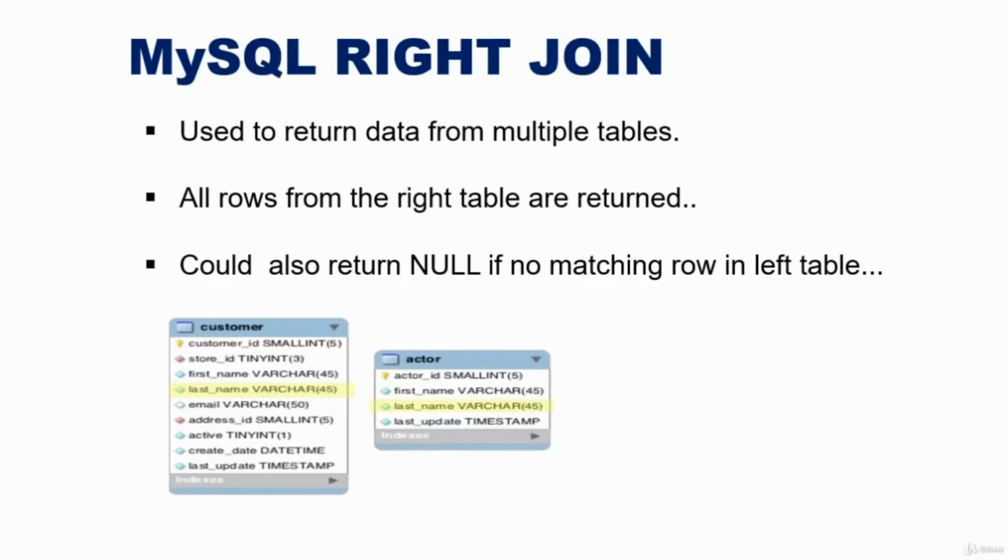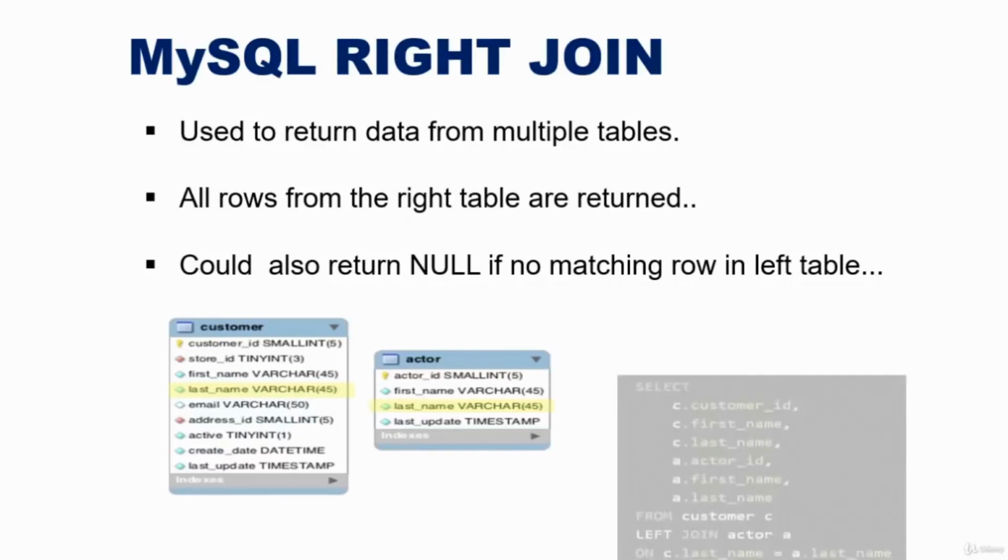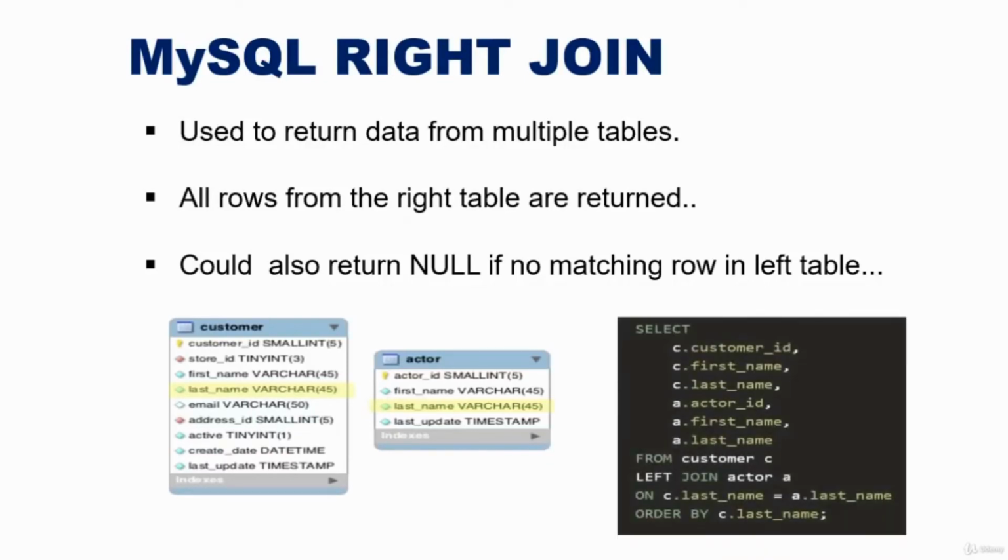What that means is that if an actor doesn't share the same last name as a customer, the actor is still listed. We could achieve this with this type of query listed here.